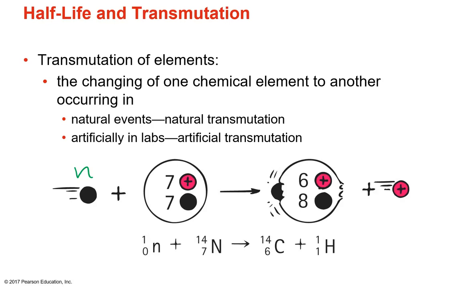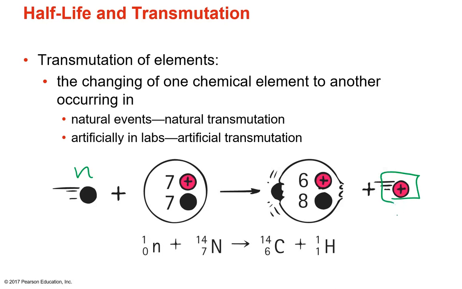A neutron hits it, and it's absorbed. There's an intermediate phase that is nitrogen-15. That means it has 15 things in the nucleus, 7 protons, 8 neutrons. But then that nucleus is unstable and it decays, kicking off a positive charge.